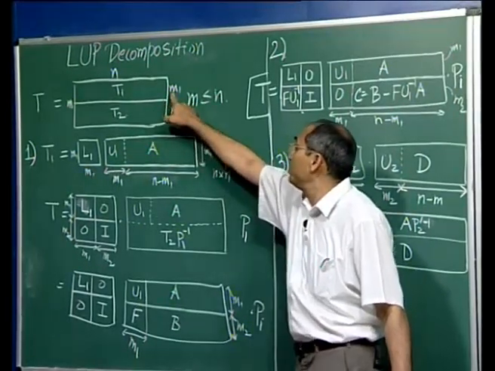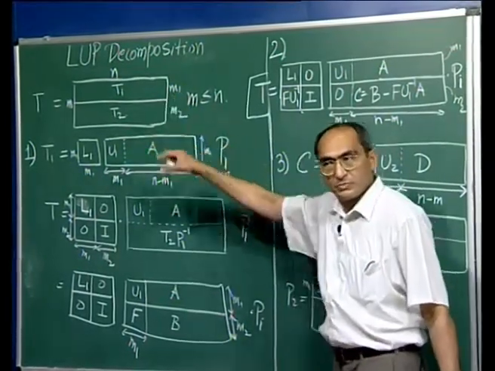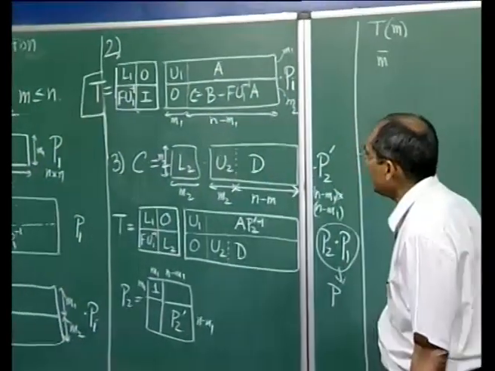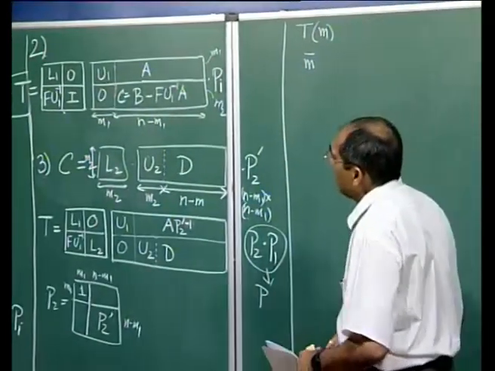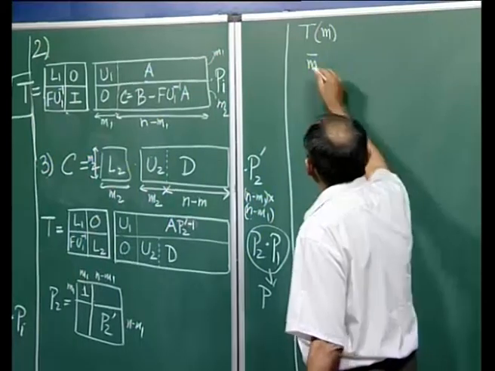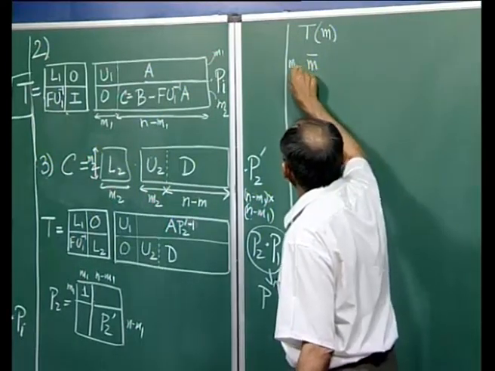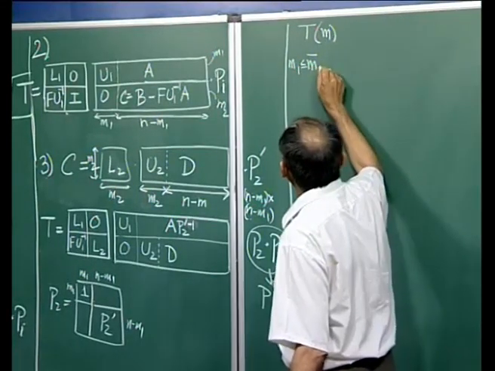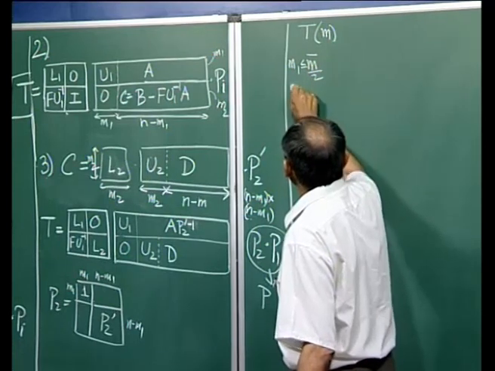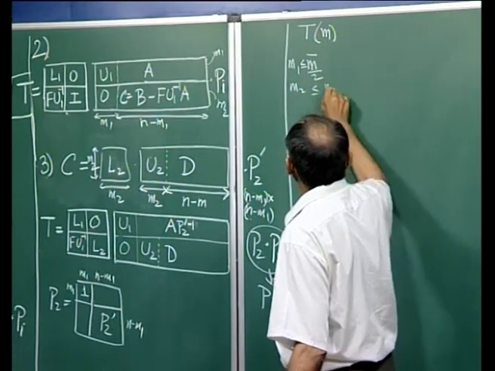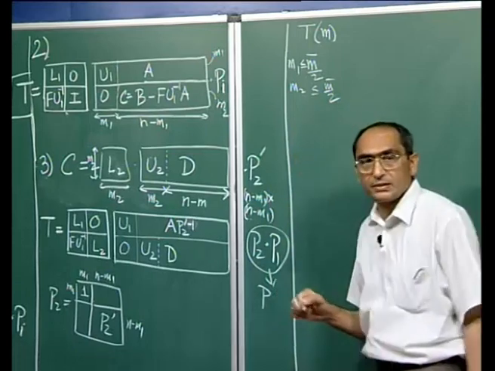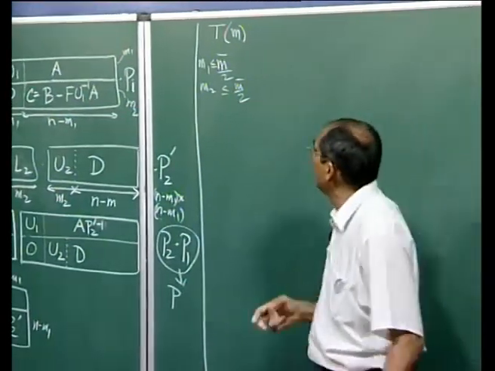If it is odd, then one will be slightly off. In that case, both m1 and m2 will be less than or equal to M bar by 2. This will always be the case.